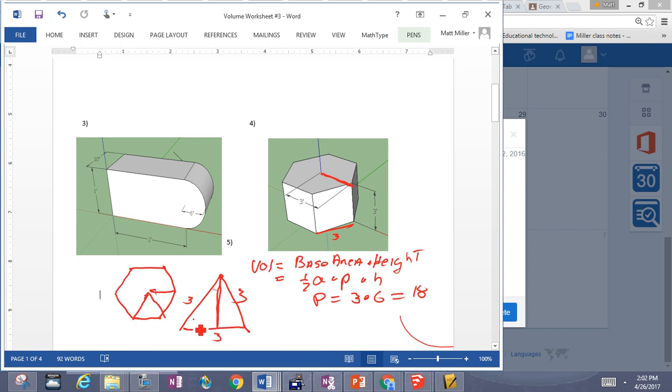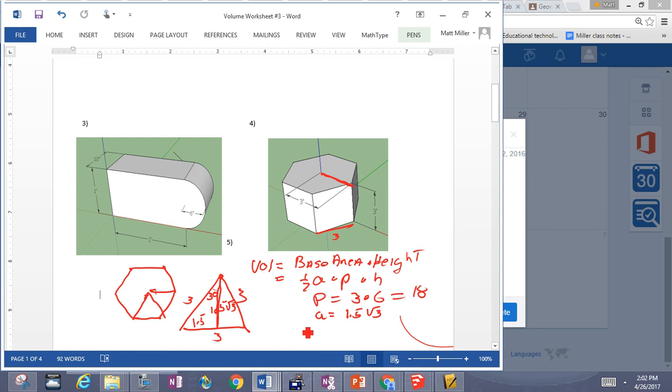The apothem comes down, divides this into a 1.5 length. My 30-degree angle is here, so my apothem is 1.5 times the square root of 3. So I have everything named now. My apothem is 1.5 the square root of 3, and now I have everything I need.